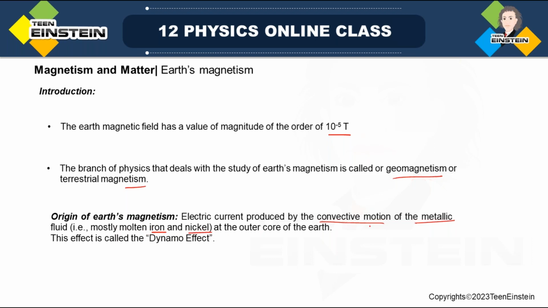Due to convective motion of this metallic fluid at the outer core of the Earth, an electric current is produced, and that electric current produces a magnetic field.